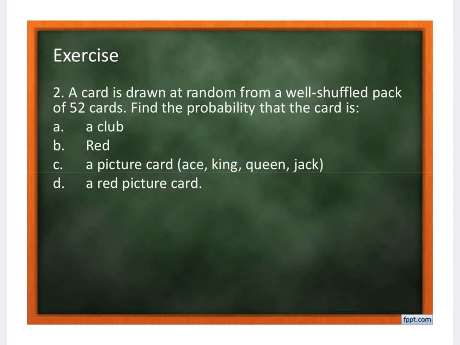A card is drawn at random from a well-shuffled pack of 52 cards. Find the probability that the card is a club. The picture of a club is like this. There are 13 cards of club, so the probability is 13 over 52, which means 1 over 4.